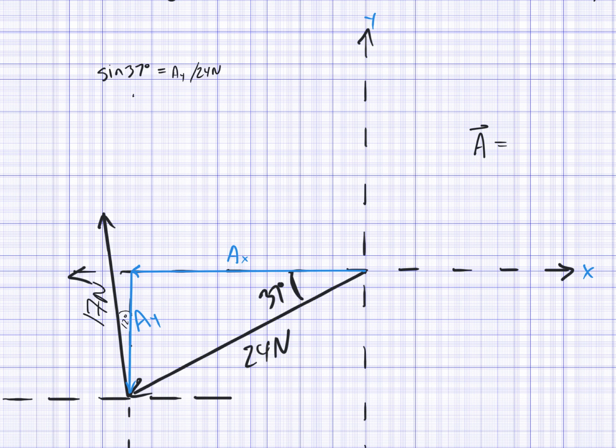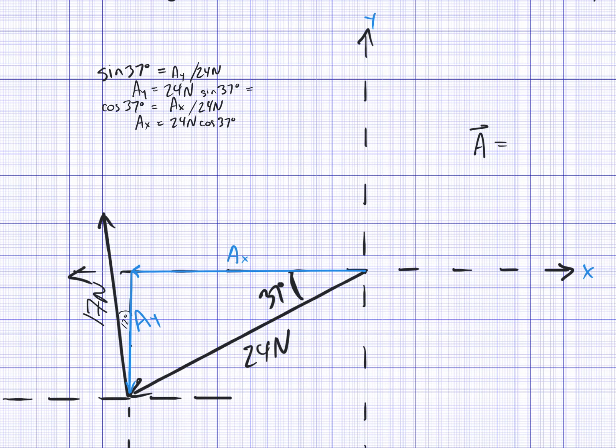So AY equals 24 newtons times the sine of 37 degrees. AX, well, usually if one's sine, the other's going to be the cosine, right? Cosine of 37 degrees equals the adjacent side to that angle, which is AX, divided by 24 newtons. So AX equals 24 newtons cosine 37.